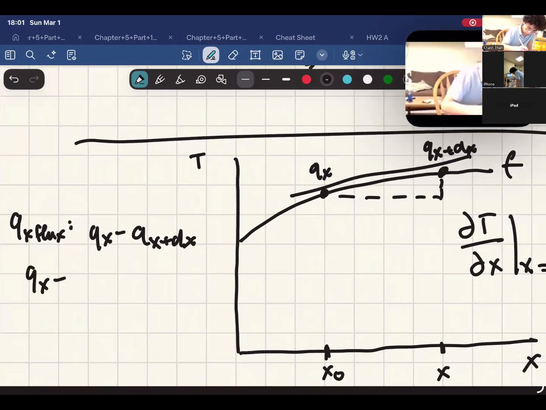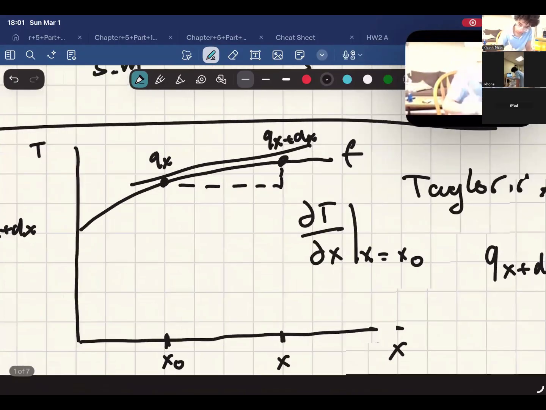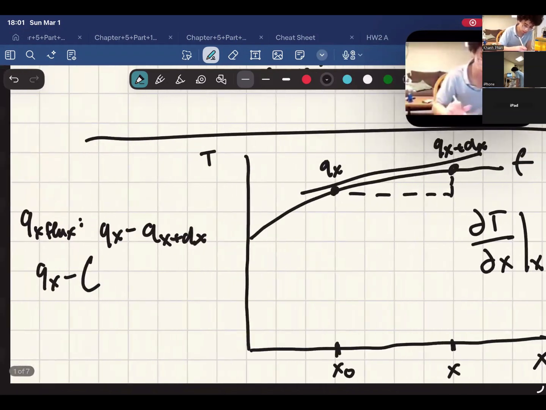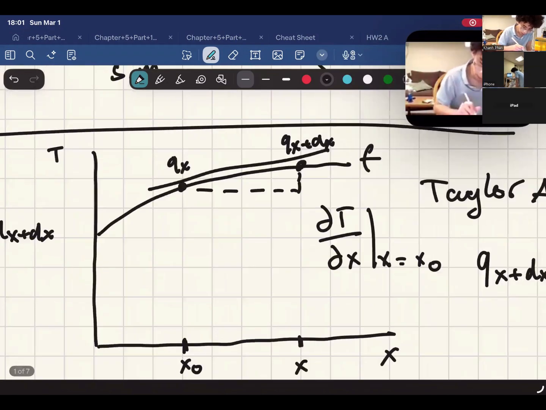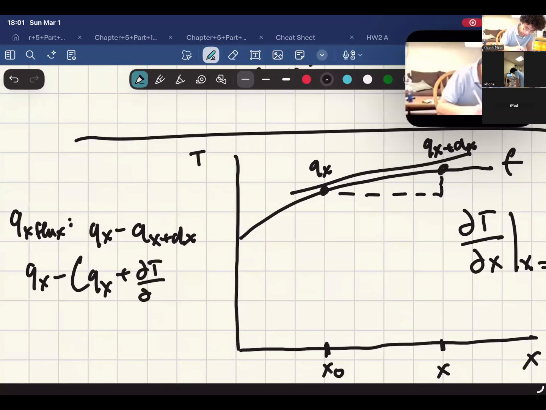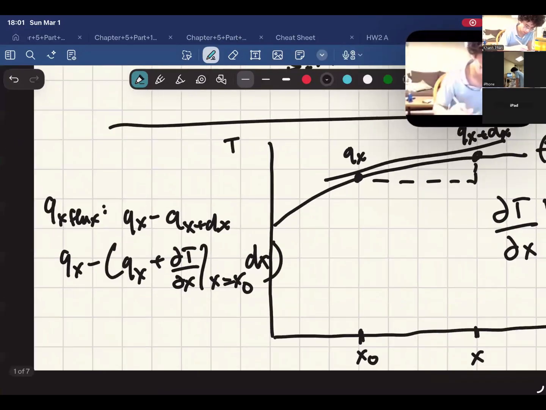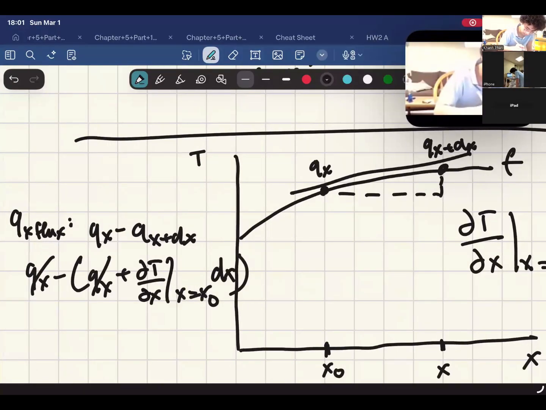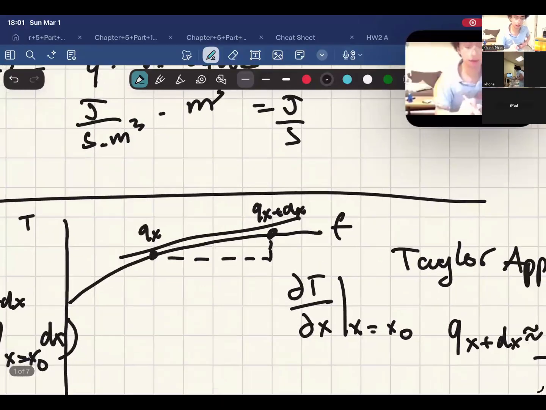And this is equal to, because we already derived this, the value of qx plus dx. So it's going to be qx plus dT dx, at x equal to x naught, times dx. And then these cancel out. So our heat flux is only negative. Oh, I'm sorry, guys, I made a mistake.